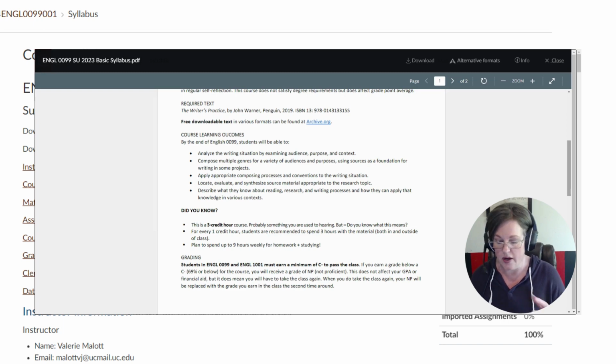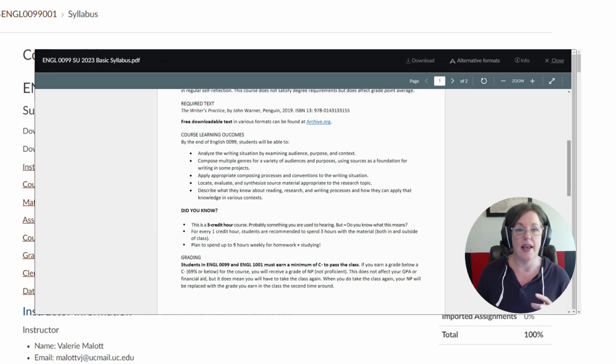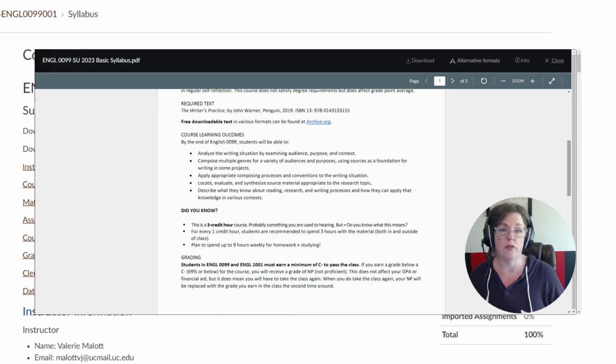I also have the PDF available for you to download in the longer course syllabus, but you can go to archive.org and find the various formats in which it is published. So you could get an EPUB file, a PDF, you could get a Kindle file. If you have a Kindle reader, there are a bunch of different options.